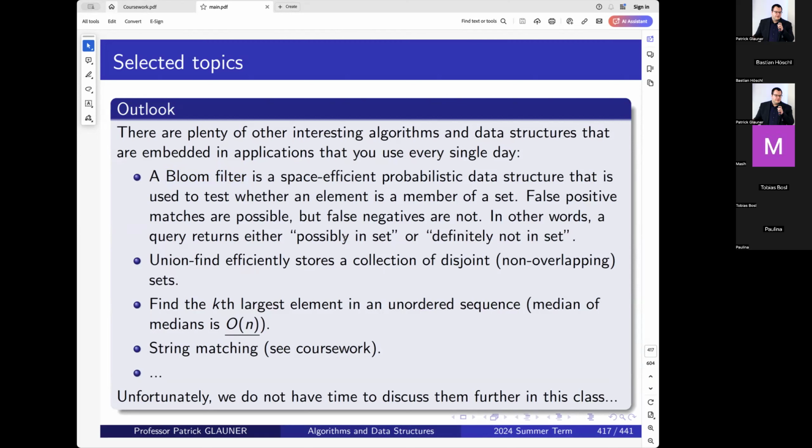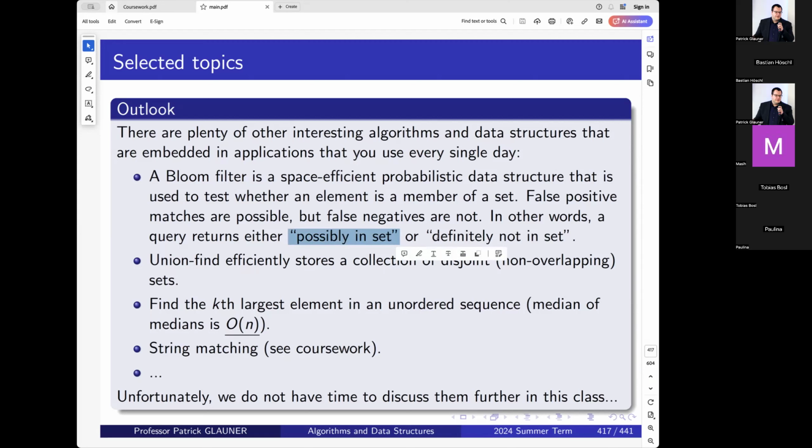But it's a super efficient data structure to tell you whether you have a data point in a set or not. And in fact, because false positives are possible and false negatives are not, the Bloom filter could tell you something like, is possibly in the set or is definitely not in the set. And you're wondering, what is this useful for?